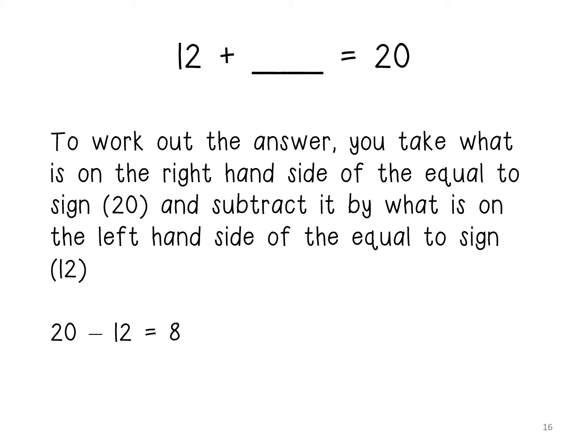So to work out the answer, you will need to take what is on the right hand side of the equal to sign, which is 20, and subtract what is on the left hand side of the equal to sign, which is 12. So as you can see, I took 20 and now I minus 12, which is equal to 8.